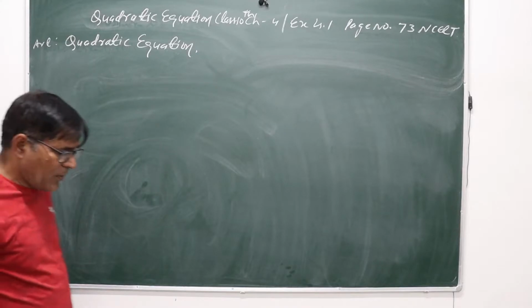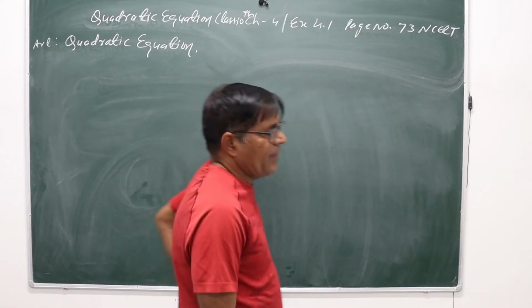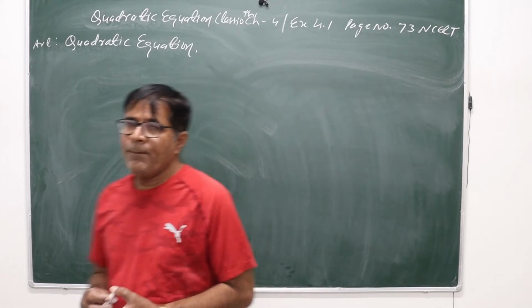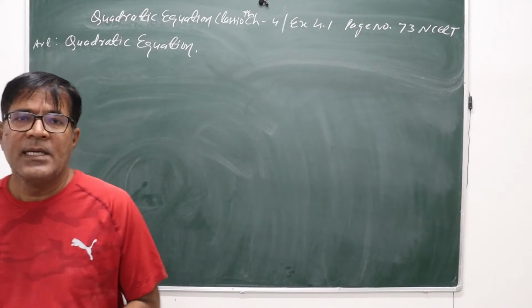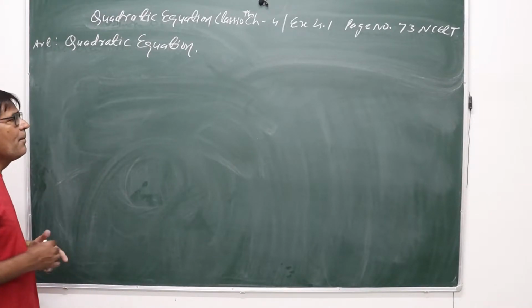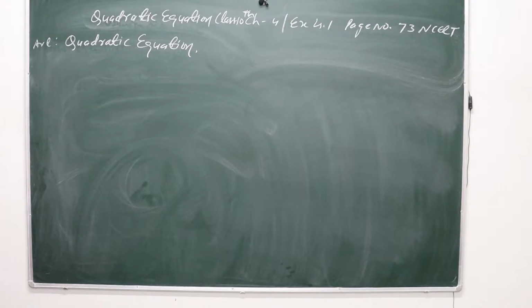So, what is a polynomial? Any algebraic expression containing variable x is known as a polynomial if the power of the given variable is a whole and positive number.